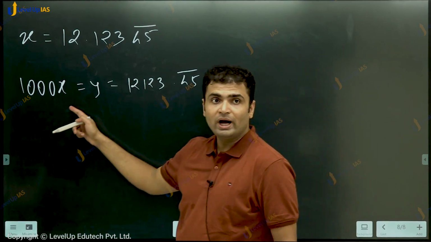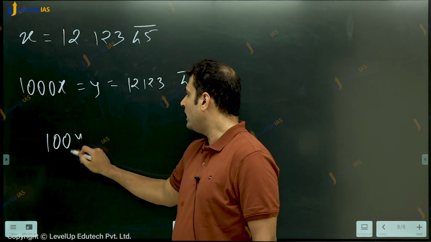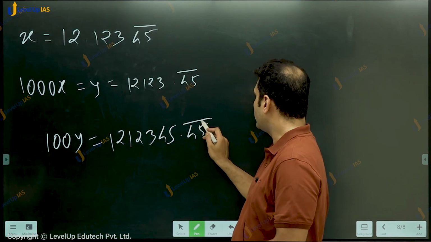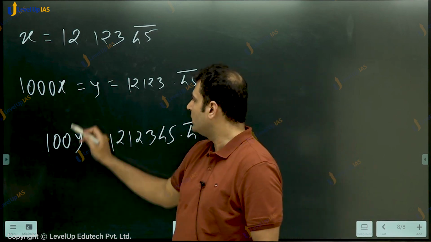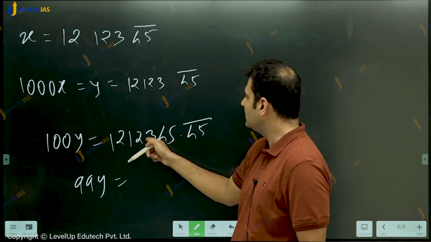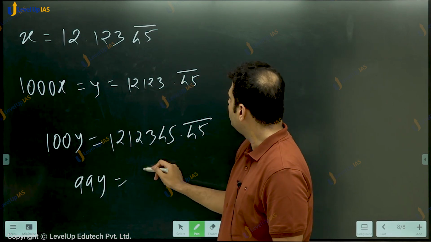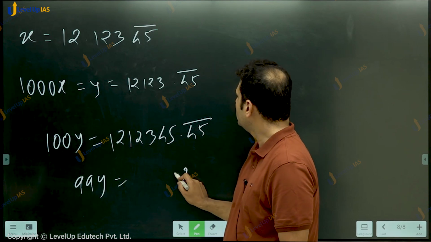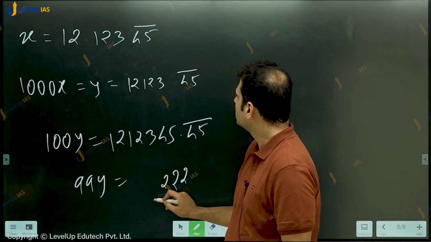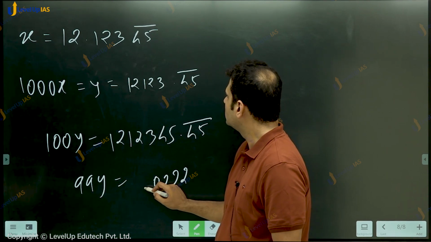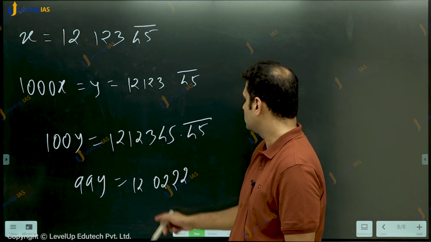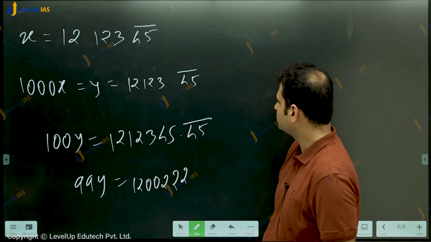We will multiply this y by 100, so we will get 100y is equal to 12123.45 bar. 45 bar is 45 repeating. So 100y minus y is 99y is equal to 45 bar. 45 bar will get cancelled. This minus 12123 will be, क्या आ जाएगा, 1200222.